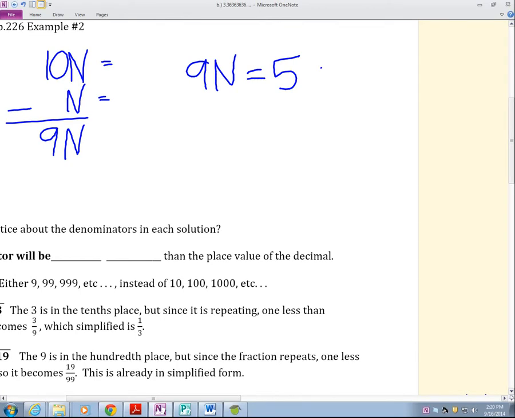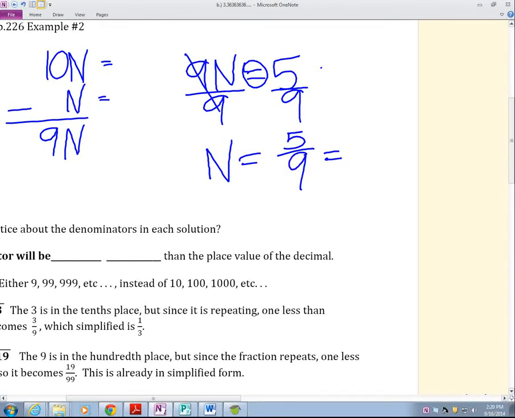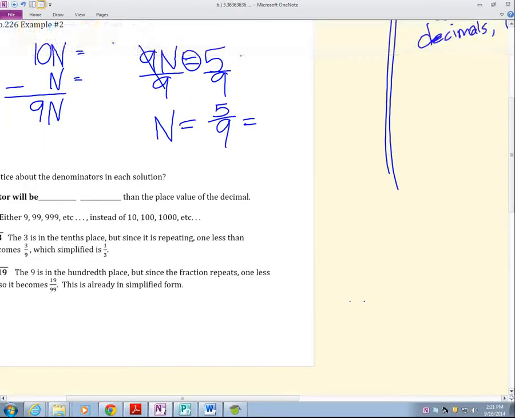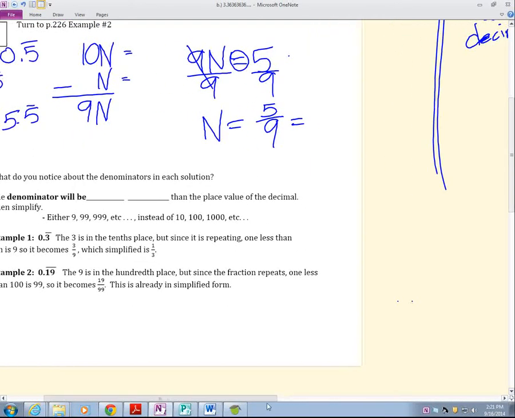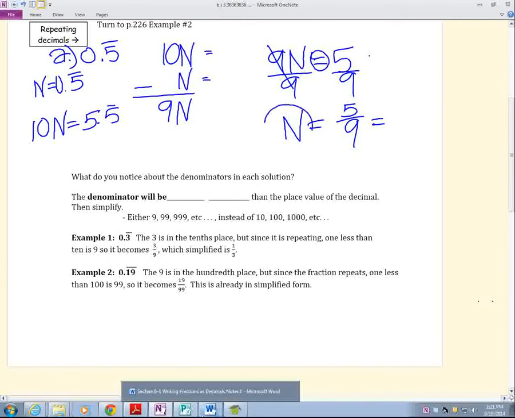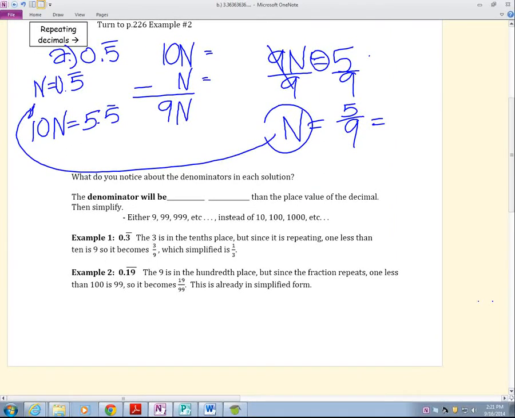We divide. Beautiful. So we're going to undo a multiplication by 9 by dividing by 9. We have to do it to both sides because this equal sign means, hey, they're siblings. If one of them gets money, the other one's going to want money. So the 9s cancel out. n equals 5/9. And from what we said over here, n equals 0.5 repeating.